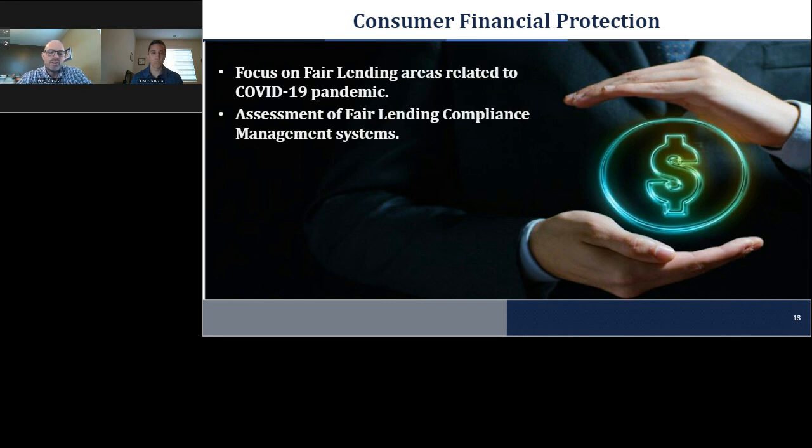More specifically, examiners are going to look for board and management oversight when it comes to fair lending, policies and procedures that address fair lending, the training of your staff, and then monitoring and corrective action if you find any violations, and how you're responding to any member complaints when it comes to fair lending. So that's consumer financial protection.